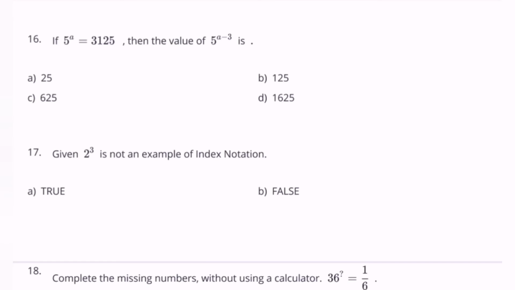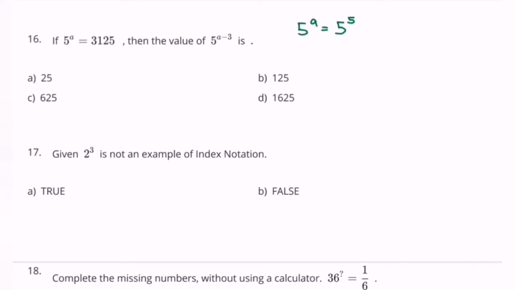Kindly refer to question 16. If we have 5 to the power of a is equal to 3,125, you may use the calculator to calculate the 3,125. And we notice that 5 to the power of a is equal to 5 to the power of 5, which is equal to 3,125.